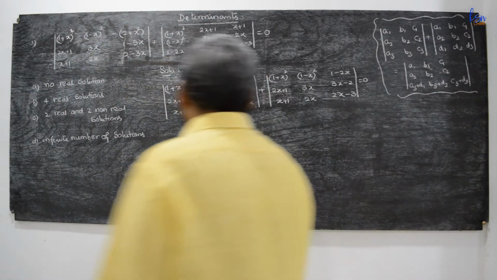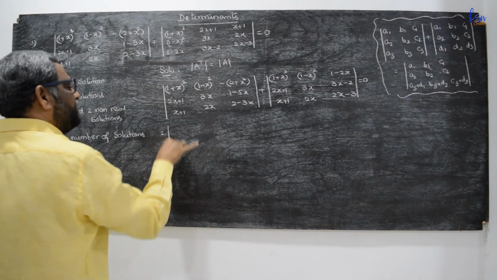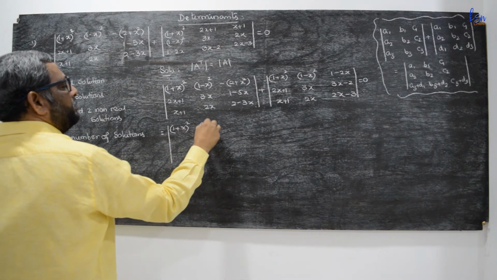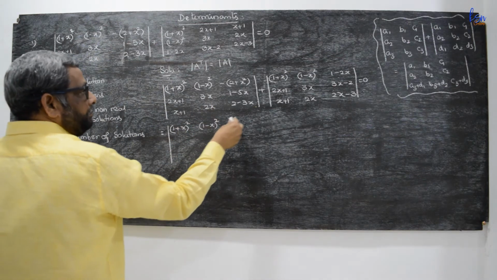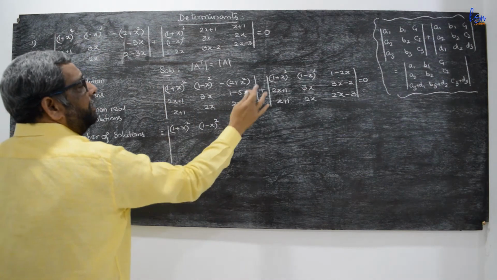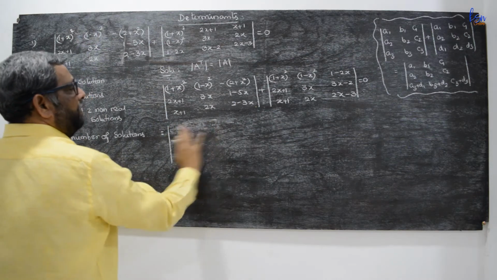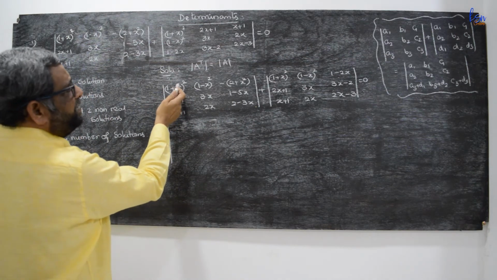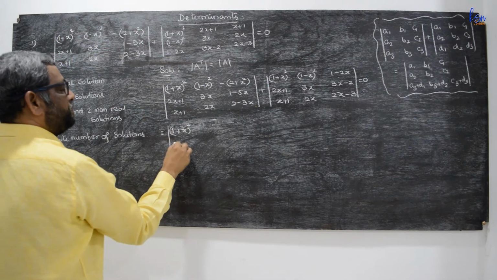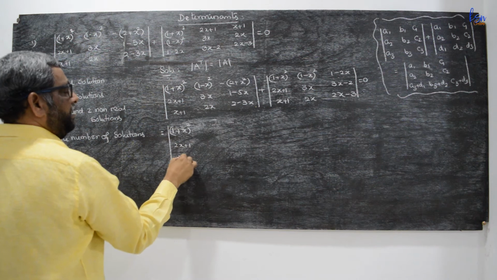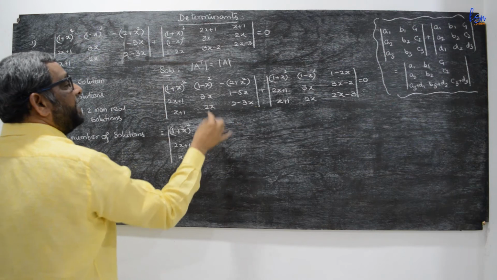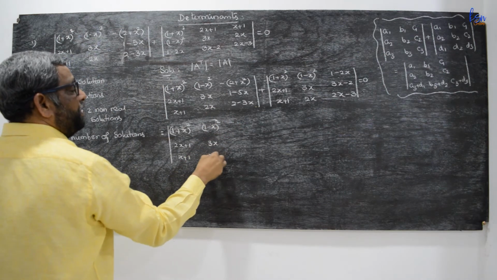Now in the similar fashion, here we will do one thing. The first row is as it is, 1 plus x whole square, 1 minus x whole square, minus of 1 plus x whole square. The first column is the same, 1 plus x whole square, 2x plus 1, x plus 1. The second column is also the same, 1 minus x whole square, 3x, 2x.